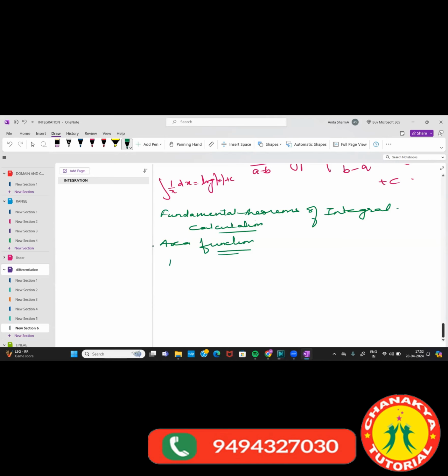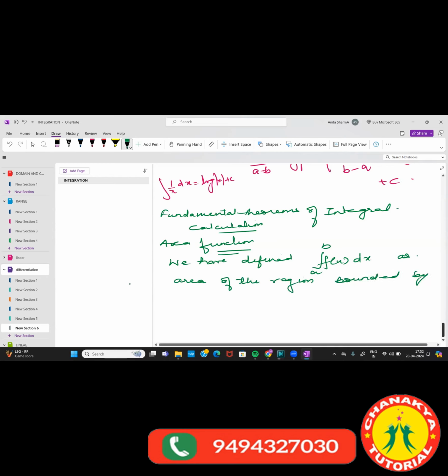So we have defined the integral from a to b of f(x) dx as the area of the region bounded by the curve, you can take y is equal to f(x), the x-axis, and the ordinates x is equal to a and x is equal to b.